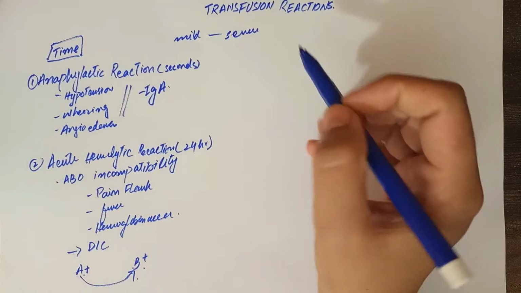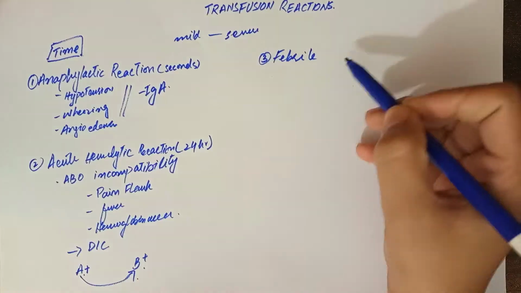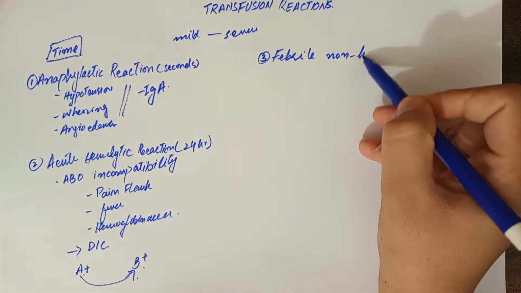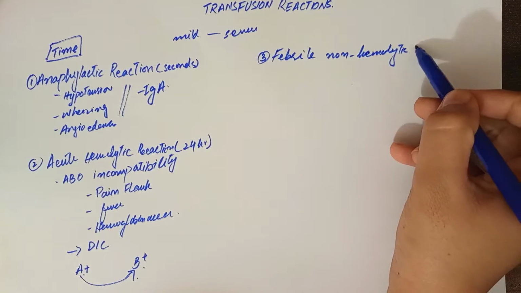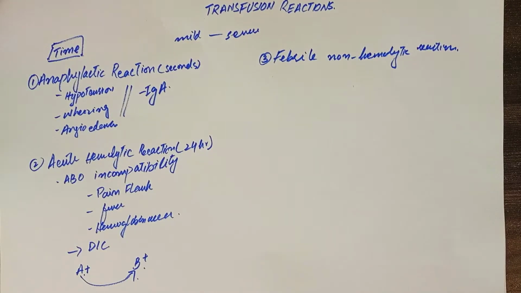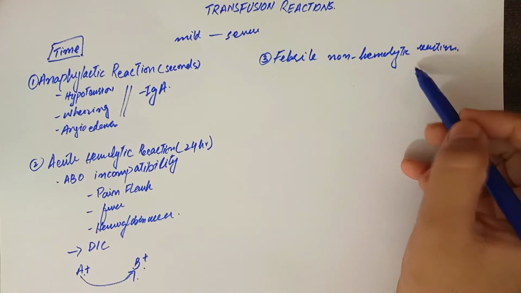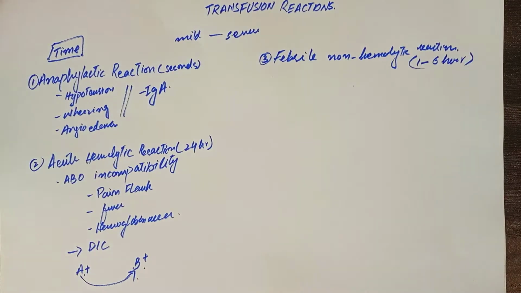The third one is febrile non-hemolytic reaction. This takes place within 1 to 6 hours of transfusing blood. And what is the mechanism behind this reaction? Actually, this febrile non-hemolytic reaction is the most common reaction.